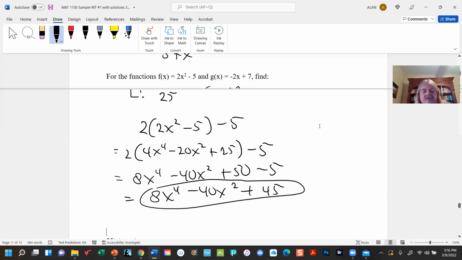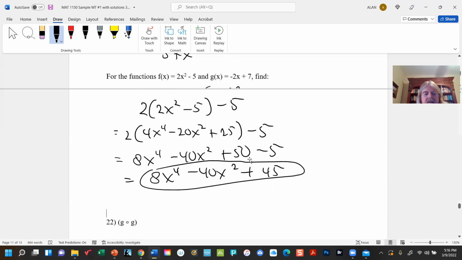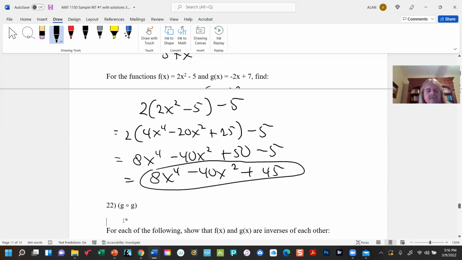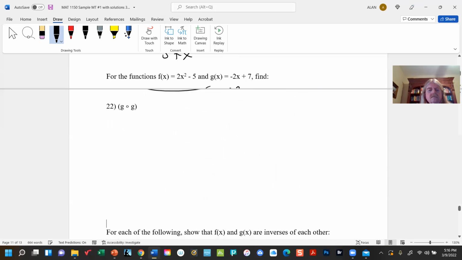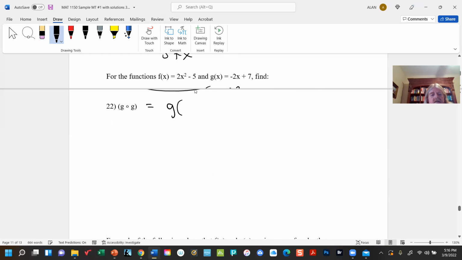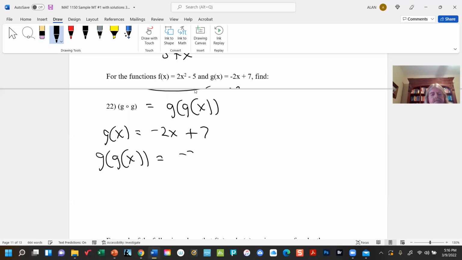And then one more is g of g. Yeah, that's it right there. So this is the same thing as g of g of x. So that means you take all the x's and replace them with g of x.